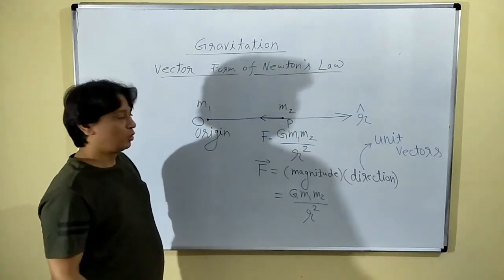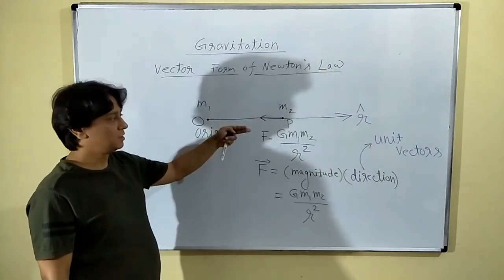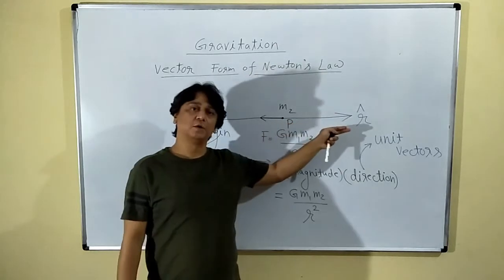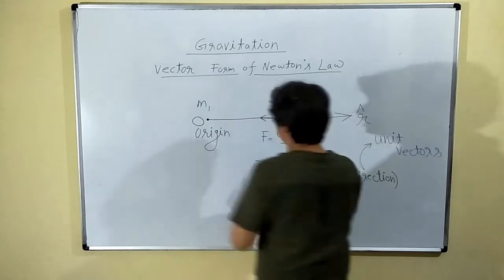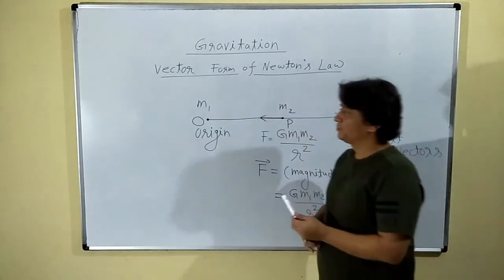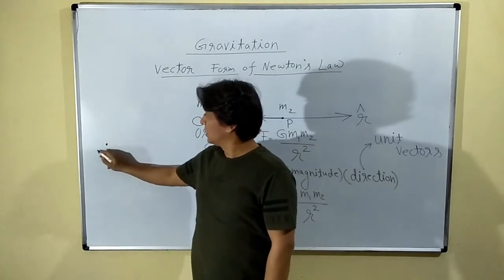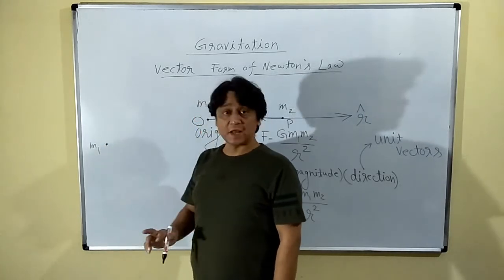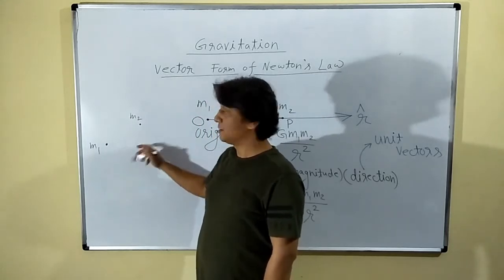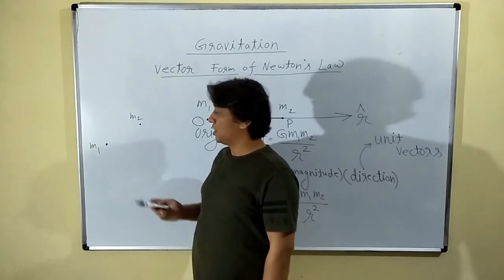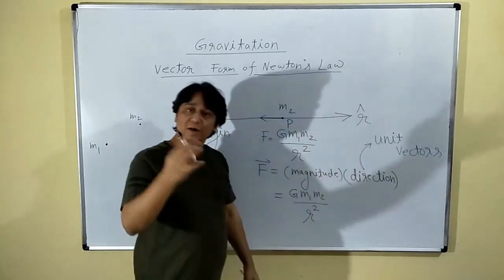Let's say थोड़ी देर के लिए हमने बोला ये x एक्सिस है. अगर ये x एक्सिस होती तो फिर इस डायरेक्शन का नाम क्या होता? I cap. लेकिन जब हम M1 और M2 इस तरह से ड्रॉ करते हैं, इसका मतलब ये है that M1, if it is at this position, then M2 can be at this position. Now, if you wanted to say that this is I cap, चलो काम चल जाएगा.